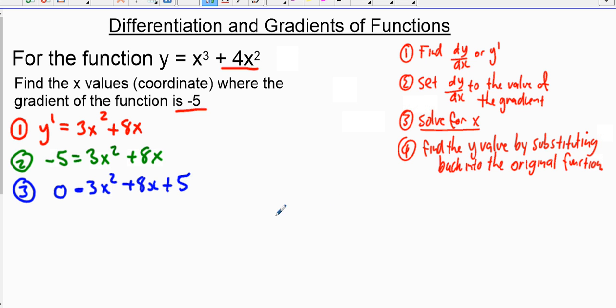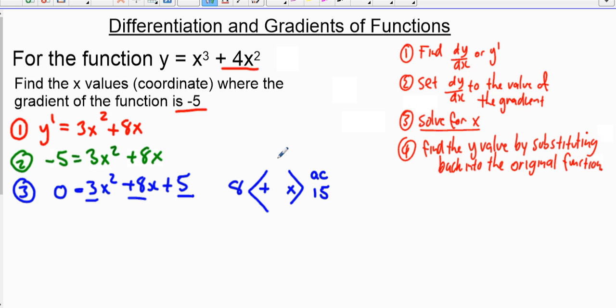Now at this stage, at IGCSE, you could potentially use your calculator, depending on what type of calculator you've got, to solve this polynomial. But we could also use the quadratic formula or factorize. This can actually be factorized using the method of splitting the middle term. So I need two factors that add to give 8, and multiply to give the product of a and c, which in this case is 15.